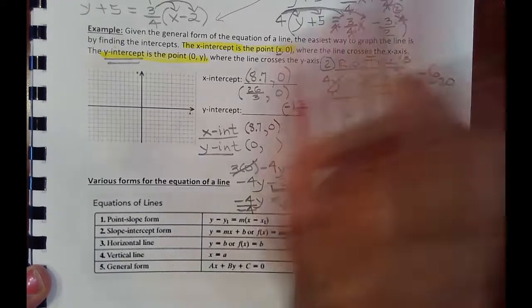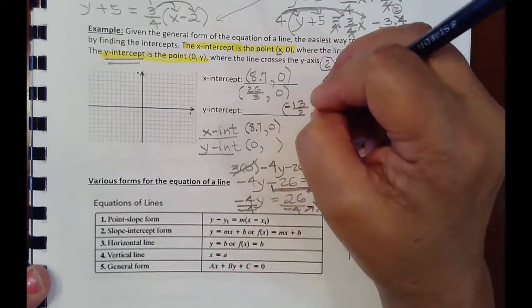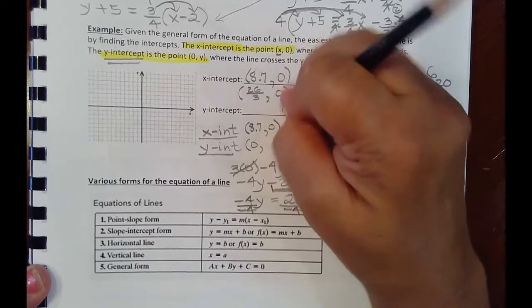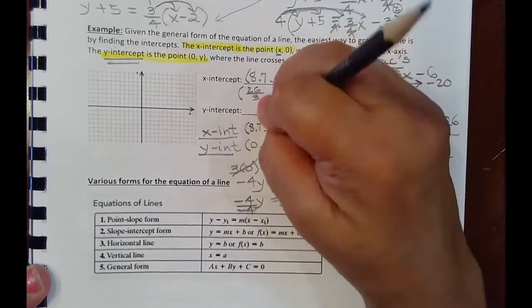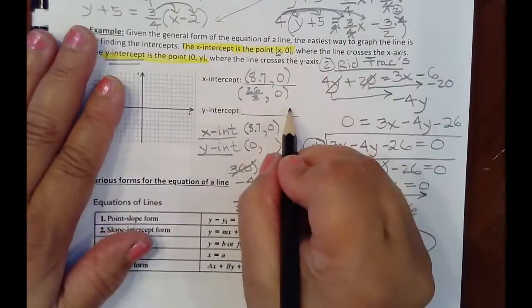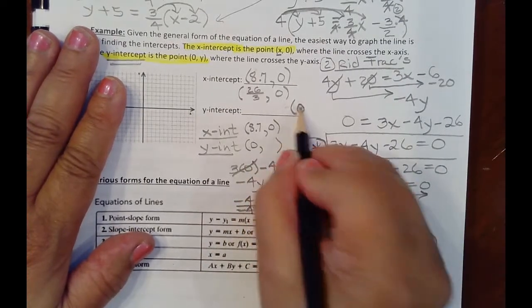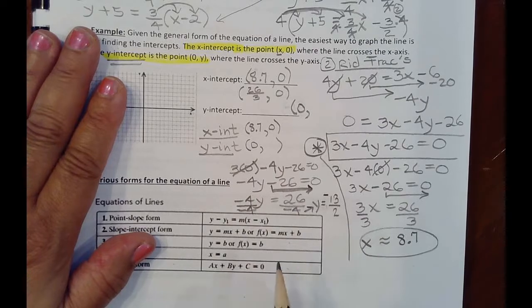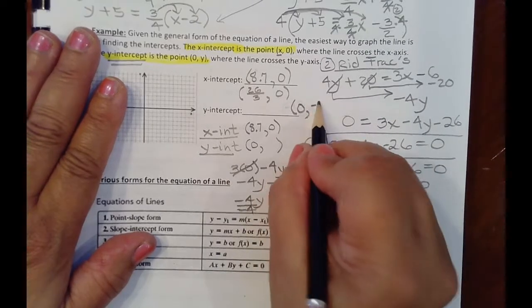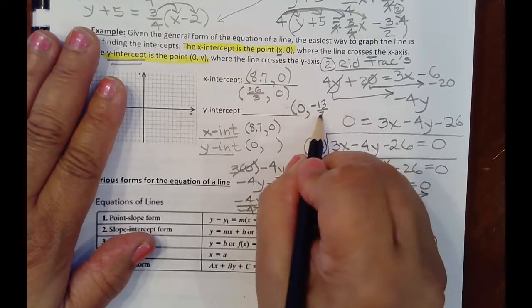We were finding the y-intercept, so our x was 0, and what we just found was the y coordinate, so that 13 over 2 goes back here.